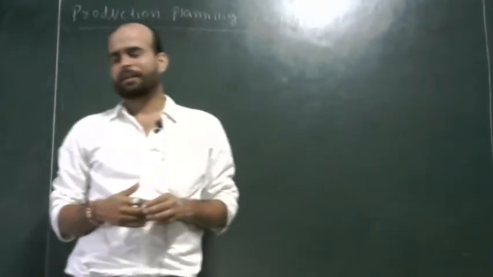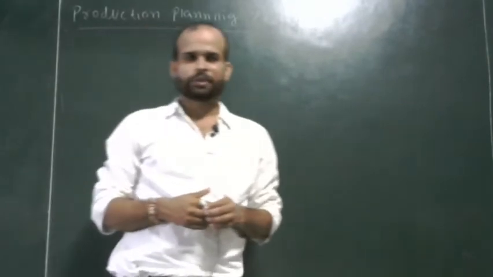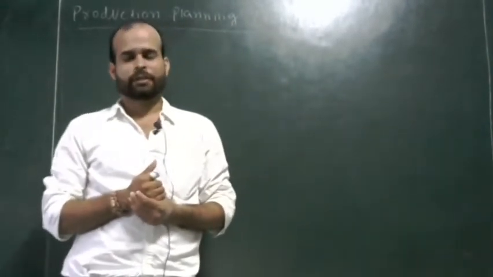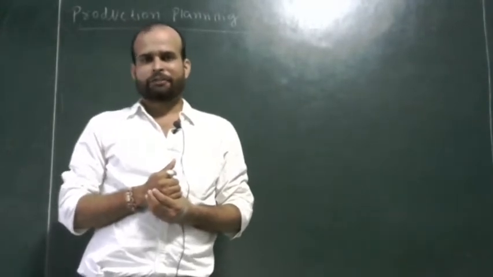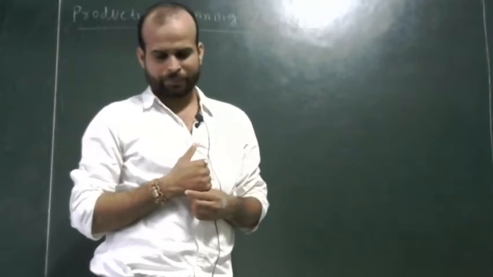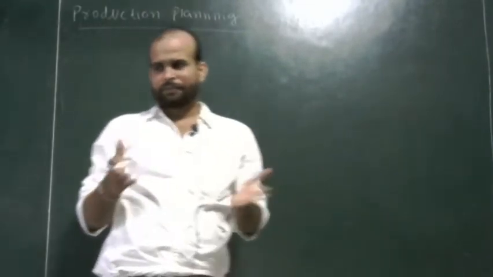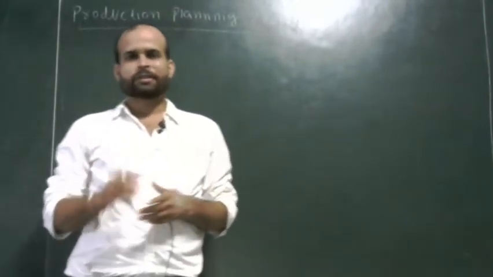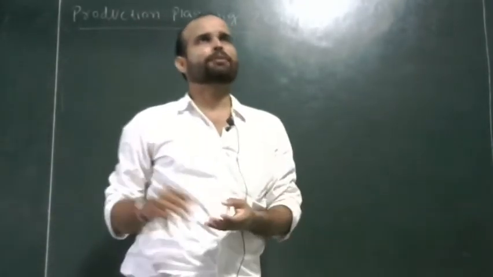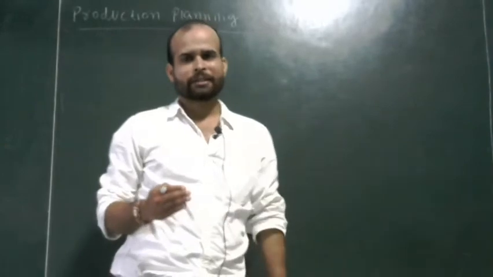in a production firm. Okay. Then we had seen different types of manufacturing method. Generally we know about three types of manufacturing process, but in different books you will see four types.